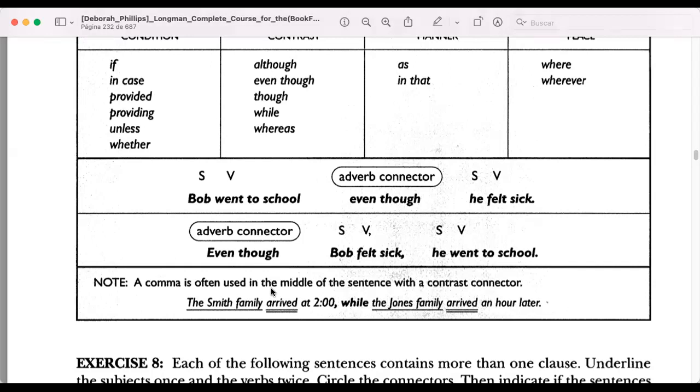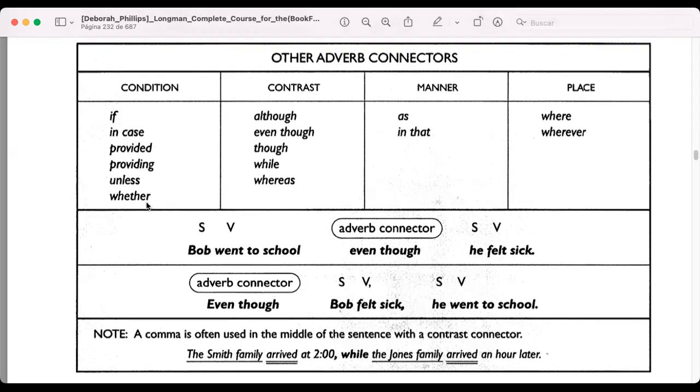And the connector in this case was "even though," which is on the contrast connectors list. But if we move "even though" to the beginning: Even though Bob felt sick, he went to school. It's the same. It doesn't change the meaning of this information.